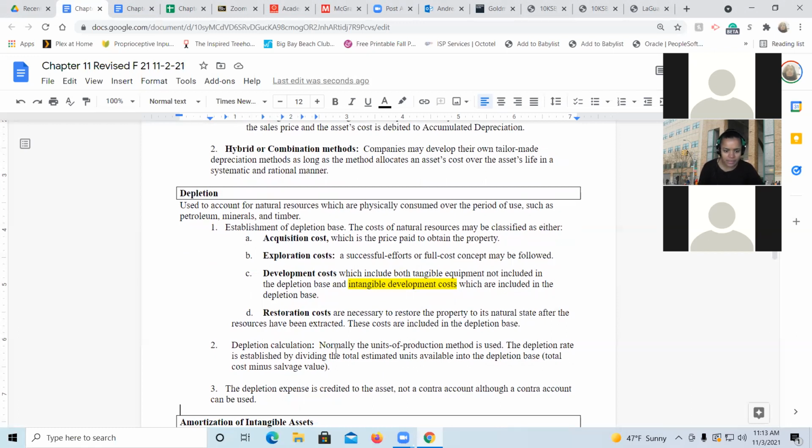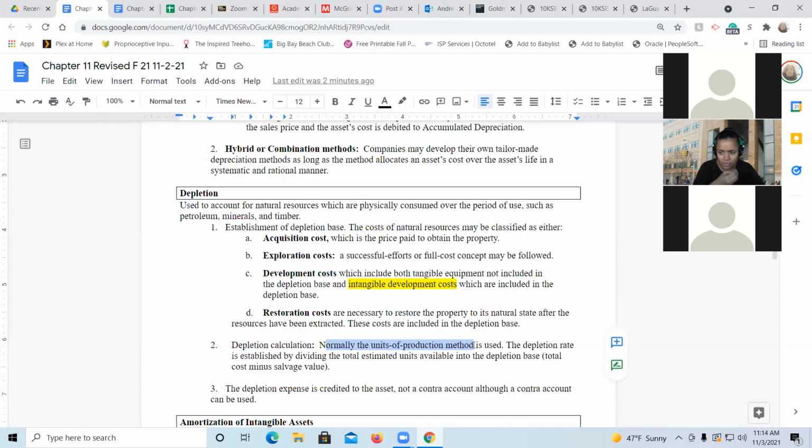So for the depletion calculation, companies normally use the units of production, units of activity method, which makes sense, right? Because if it's a mine, how many tons of coal or whatever are we mining per year? If it's timber, how many trees are we cutting down per year? If it's oil, how many barrels are we extracting per year?